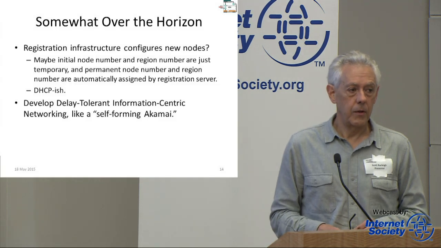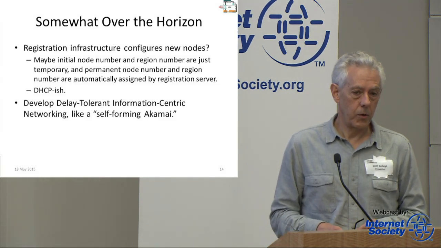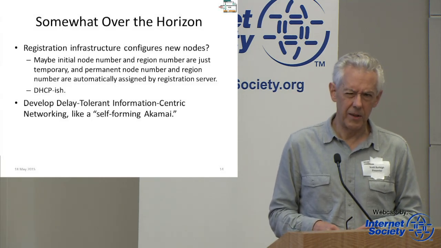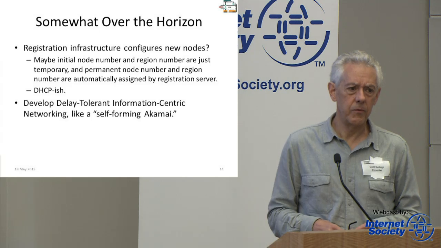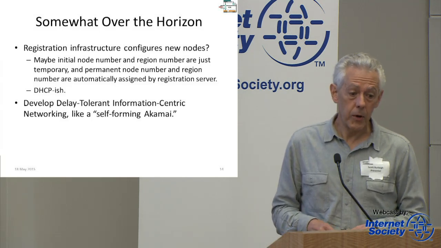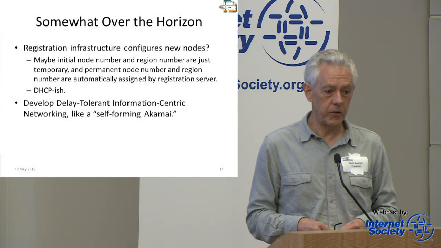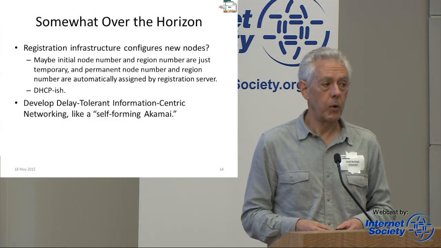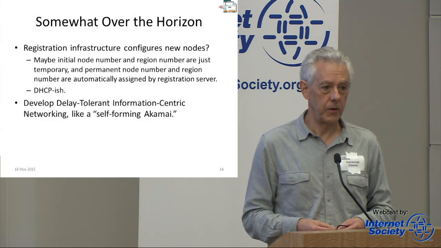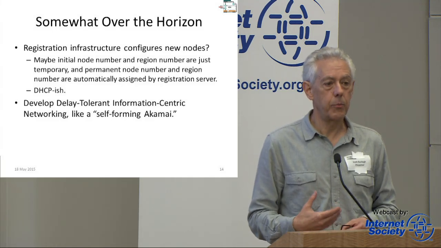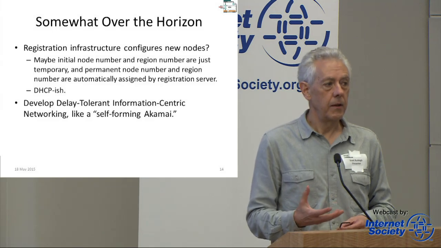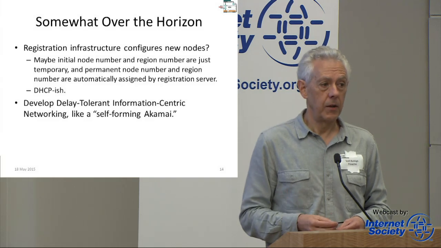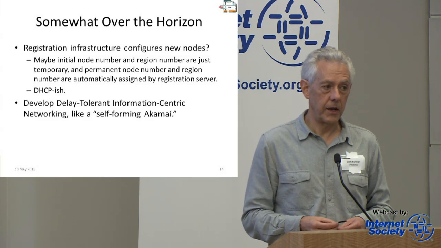Back when the DARPA funding for DTN was the main source of development, in 2005, 2006, 2007, the program manager for that DARPA DTN project was Preston Marshall, and the thing that he really wanted to see come out of that work was what he referred to as a self-forming Akamai, that is sort of automatic pre-placement of data that combat units would need that they didn't know they needed yet, or that you wouldn't be able to get to them because they're out of contact.